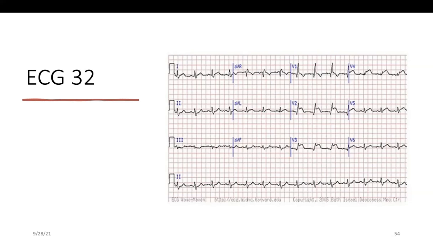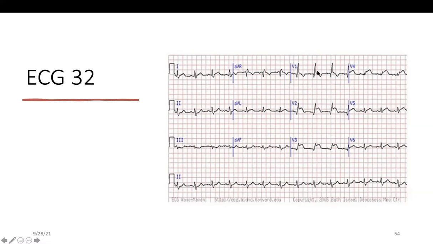RBBB. Exactly, this is right bundle branch block. Most likely it's new. What do you see before the R wave in V1 and V2? What is this small wave before them? Q wave. Do you usually see Q wave in right bundle in these leads? No. You don't.